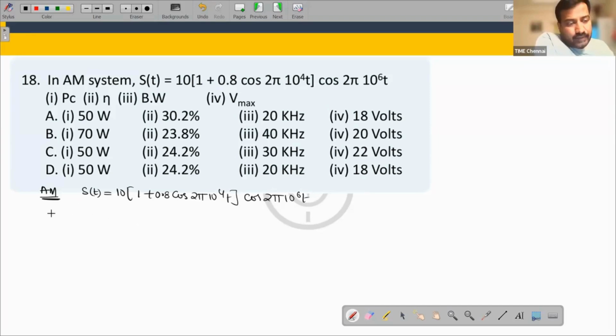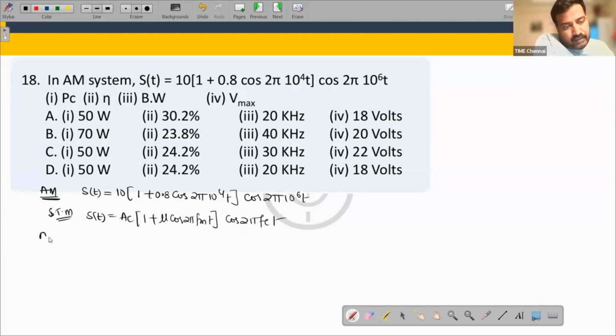Now, this is of the form AM single-tone modulation: S of t is equal to AC into 1 plus mu times cos 2 pi FM t times cos 2 pi FC t.